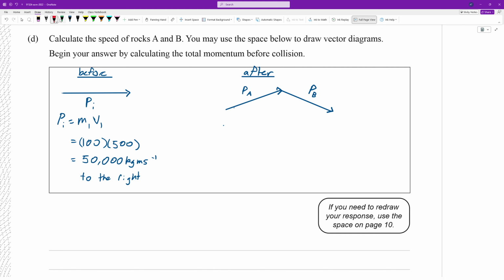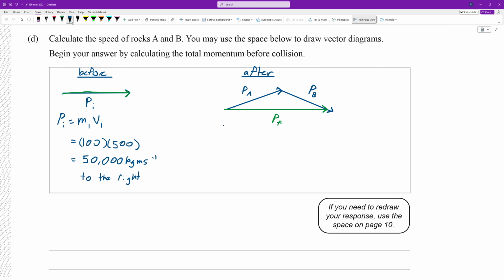And that vector sum, drawing's a little bit off, that's fine, is equal to the final momentum, which is the same as the initial momentum, because momentum is conserved.